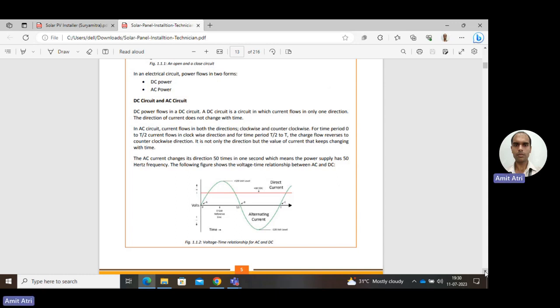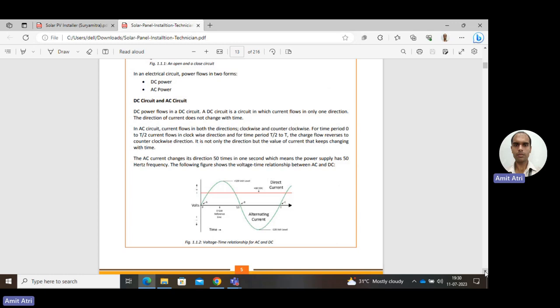In case of AC, the alternating current or alternating voltage alternates with time. It means it is never constant. It is minimum, it increases, then it goes to a maximum value, again decreases, becomes zero, then reverses its direction, flows in the opposite side, then increases, then comes to zero.